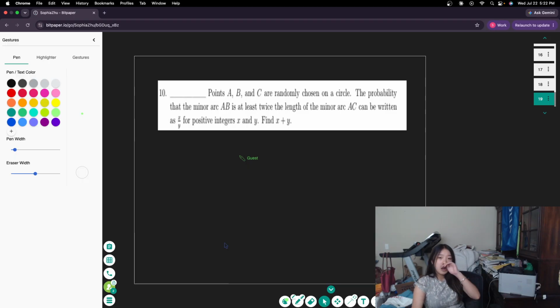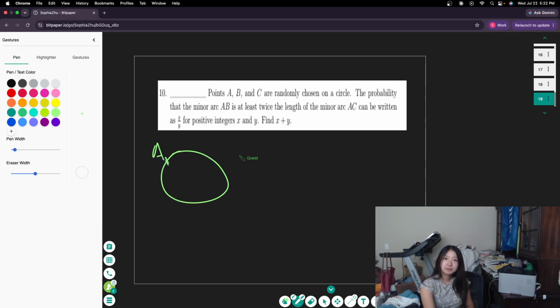So we can just assume that A is fixed on the circle. So A must be here. And then B and C are chosen randomly, independently and uniformly. Essentially, I'm just going to draw a random B and a random C. But let's say we call AB x, and let's call AC y.